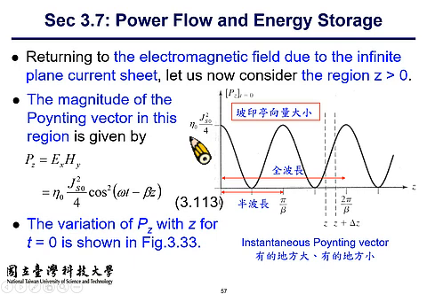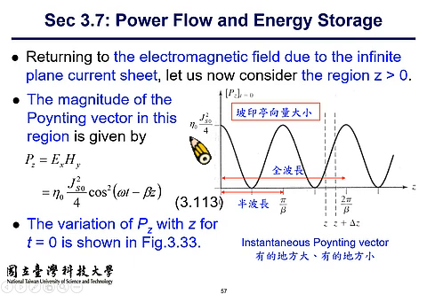So the Poynting vector, if you have a plane wave with E field in the x direction, H field in the y direction, and as specified in the example explained in section 3.4, the Poynting vector P can be calculated as Pz, which is the product of Ex and Hy.